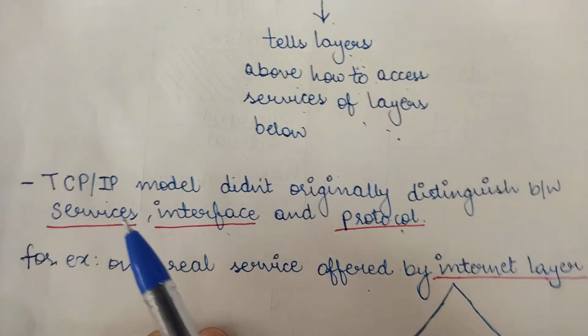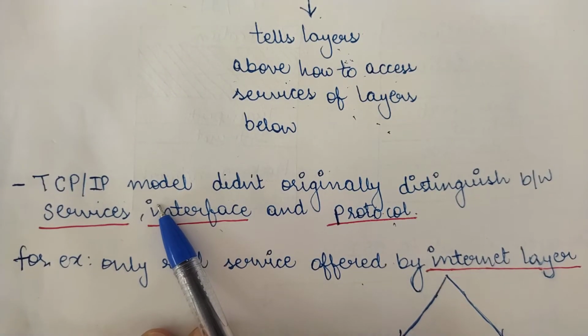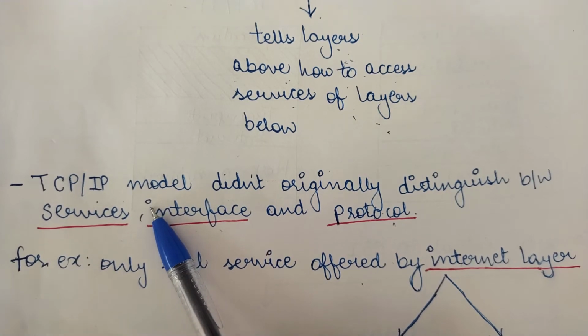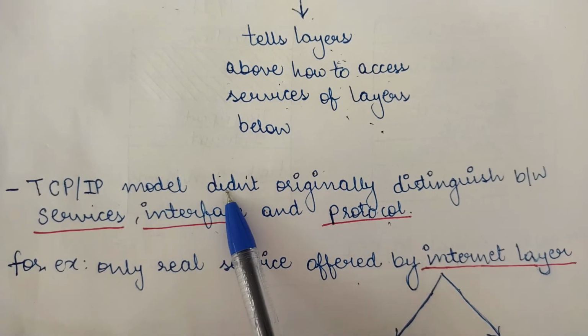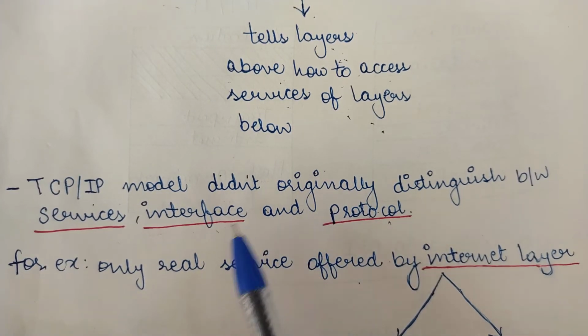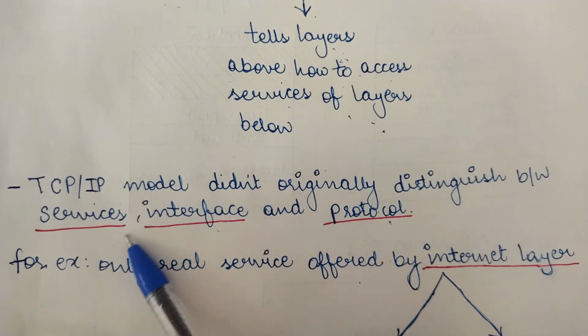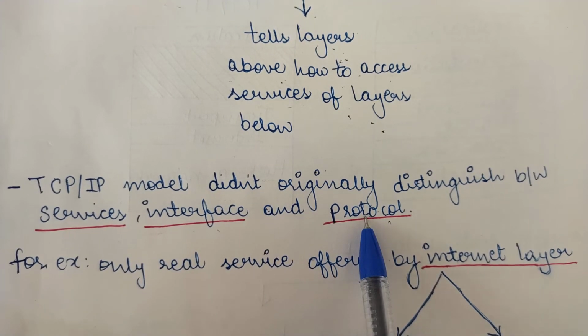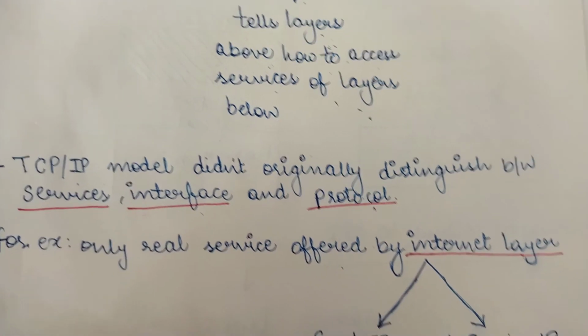Now, if I talk of the TCP/IP reference model, the TCP/IP reference model did not originally distinguish between the services, interfaces, and protocols. So if you look at the model, there is not a clear distinction between services, interfaces, and protocols, unlike the OSI reference model, right?